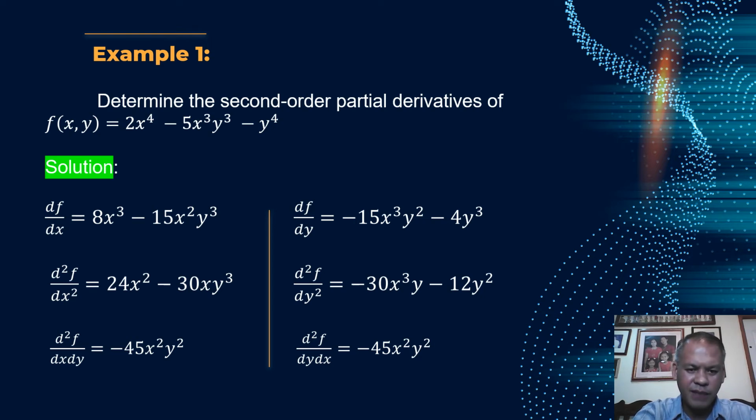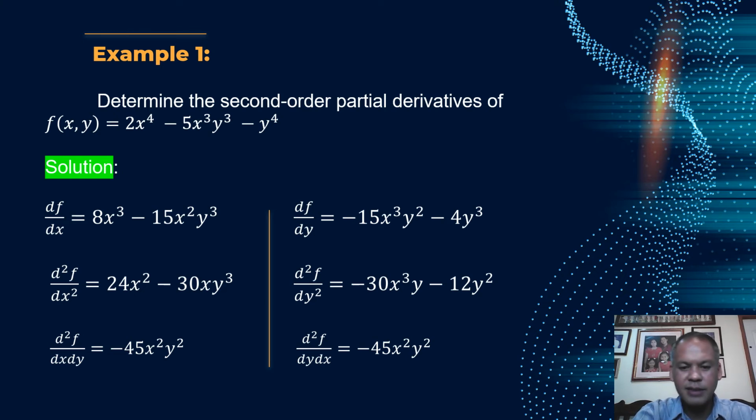And for negative 15x squared y cubed, considering x squared as a constant, this will become negative 45x squared y squared. And therefore, the second order partial derivative of the function with respect to x and y will become negative 45x squared y squared.